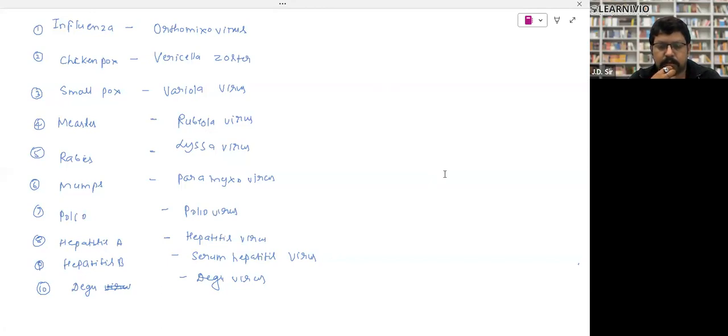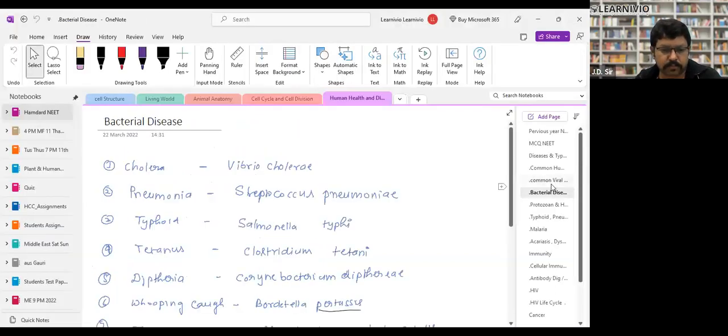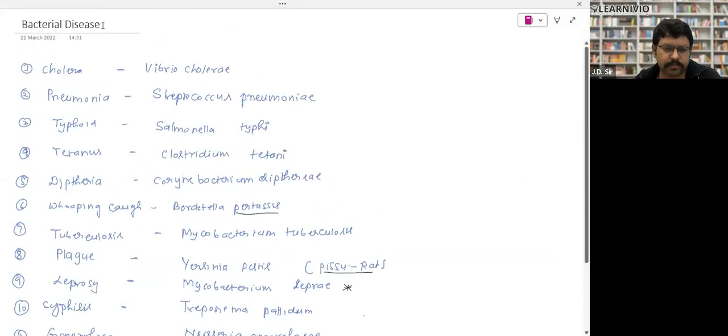Bacterial diseases. Again, common diseases: cholera, pneumonia, Streptococcus pneumoniae, typhoid, Salmonella typhi, tetanus, whooping cough.